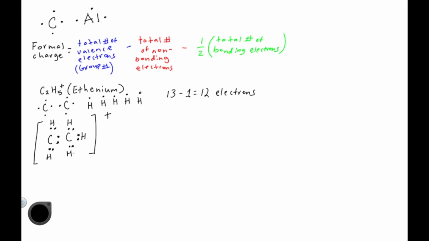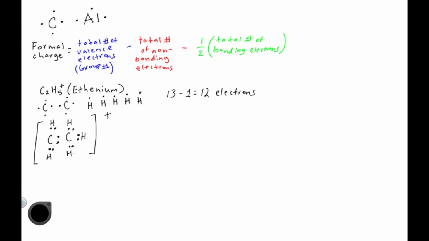This indicates that our molecule overall has a positive charge. So now let's use our formal charge formula to find the formal charge of each atom in ethenium. So let's start with the leftmost carbon.